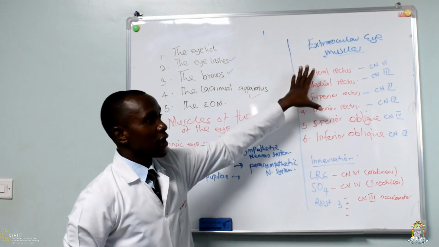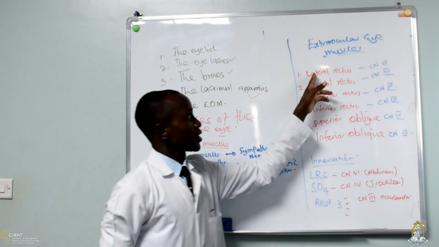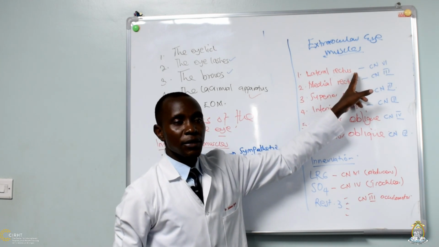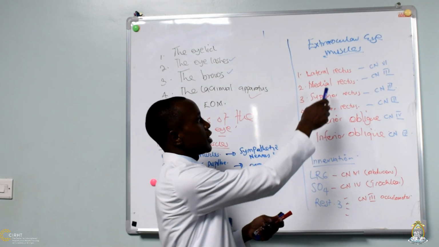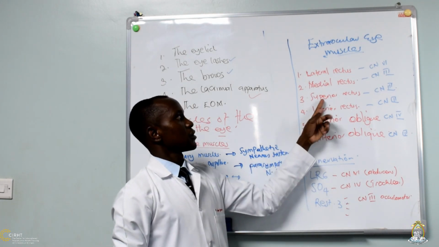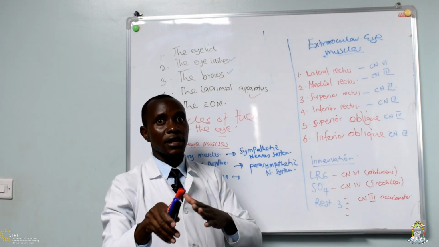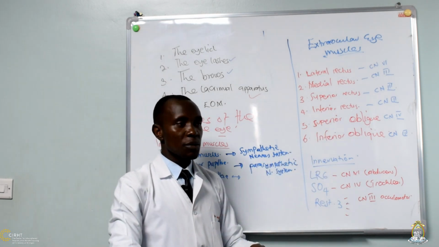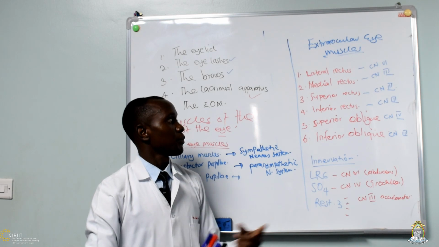Okay. Now, lastly, let us look at what these eye muscles do. Lateral rectus moves the eyeball laterally. Medial rectus moves the eyeball medially. Superior rectus elevates the eyeball and moves it medially. Inferior rectus depresses the eyeball and also moves it medially at the same time.